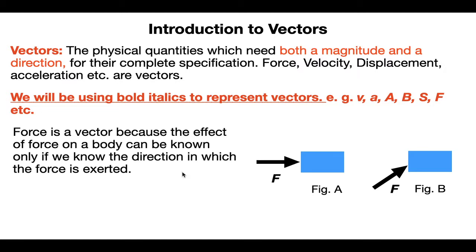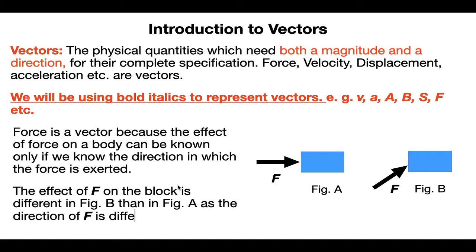Hence, a force is known completely only if its magnitude and direction both are known. The effect of F on the block is different in figure B than in figure A, as stated earlier, because they have different directions, indicating that force is a vector quantity.